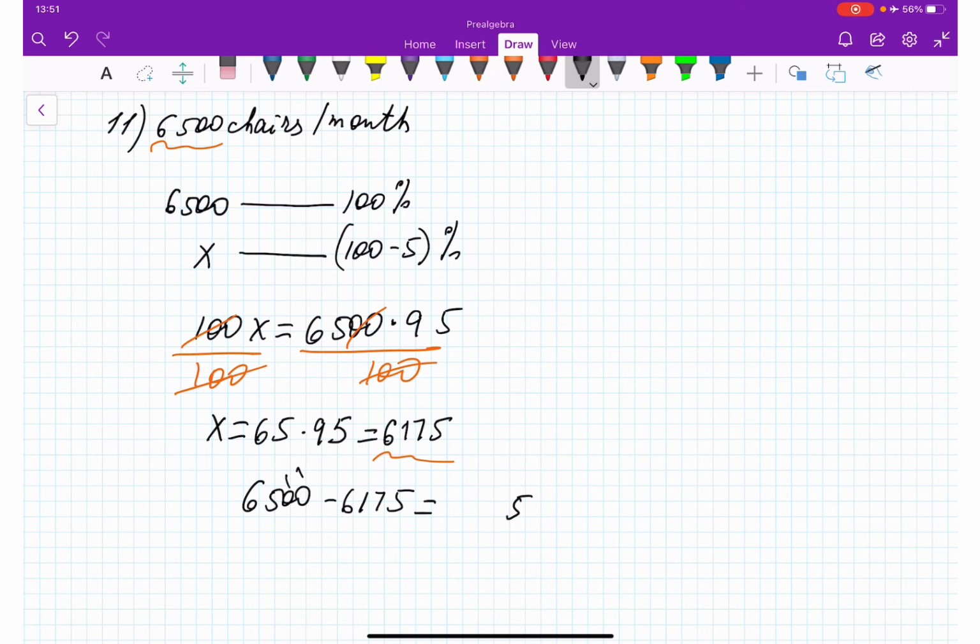Here's left 9. 9 minus 7, it's going to be 2. And here's going to be left 4 minus 1 is 3. So 325 chairs less. Okay?